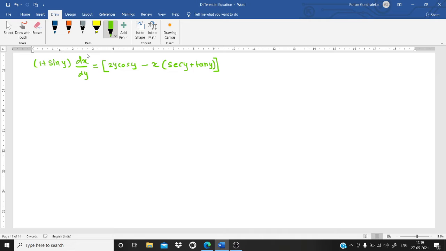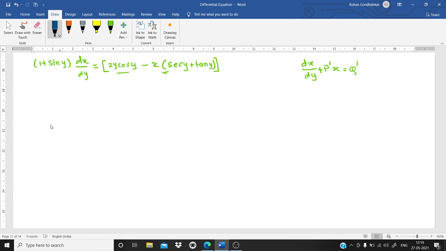See, now your dependent variable is x. So we need to reduce it to the form dx/dy + P' x = Q', where P' and Q' are functions of y, or constants. Now how to reduce them? For that, we take this term to the left side, as it consists of x raised to 1, and this is a term which has only y terms.